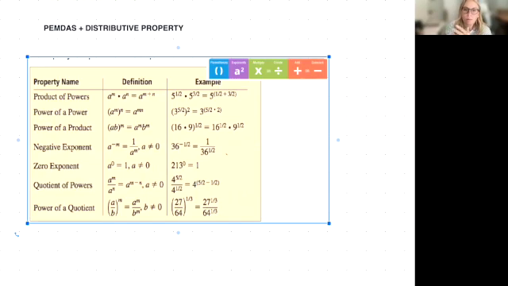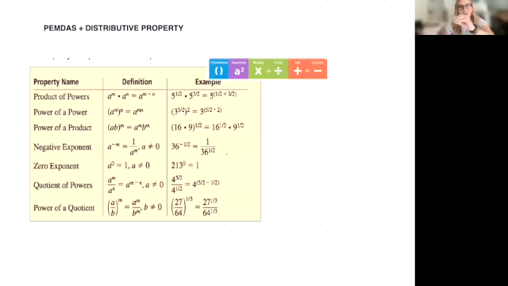In this problem, they're giving you a nice ugly 1, so you have a 1/2 in the exponent. Your product of power rule says that whenever you have two exponents being multiplied that have the same base, you just combine them into one base and add the exponent. So let me show you what that would look like.